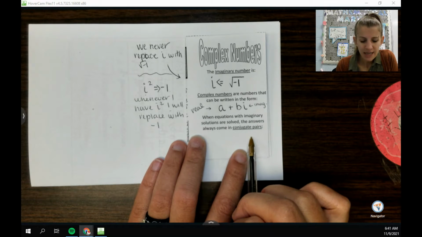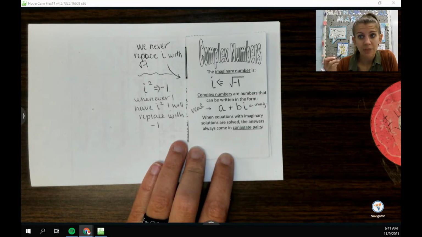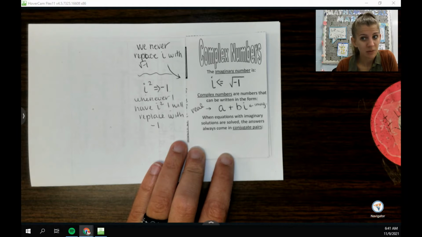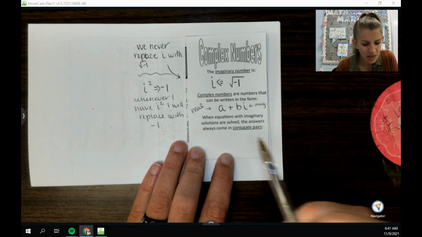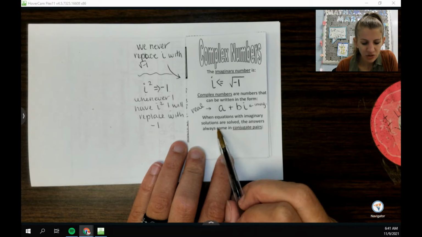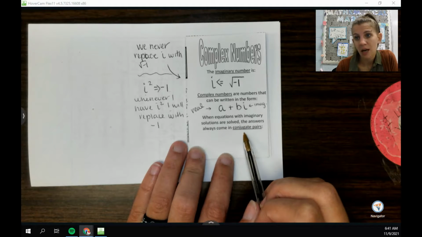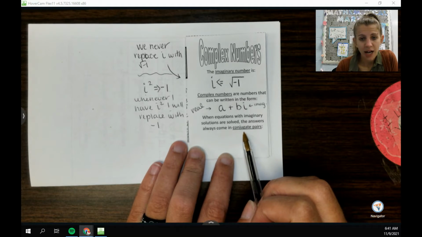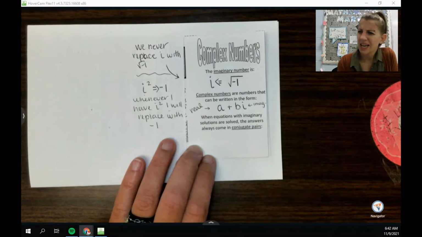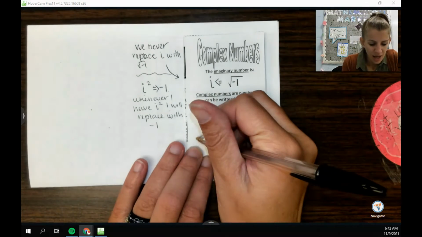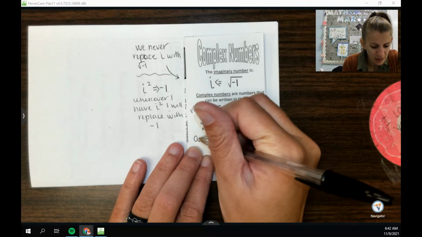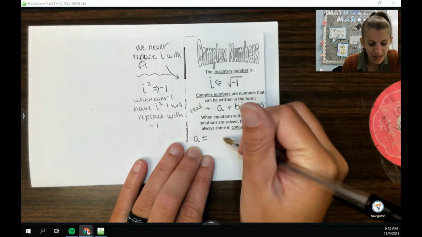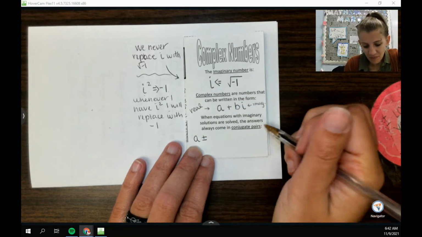And then we're going to see this in a second here when we start solving. Again, the purpose for imaginary numbers for us is because when we're solving, we square root negative things. But when equations with imaginary solutions are solved, they always come in conjugate pairs. And what a conjugate pair is, kind of like an opposite. But you've seen lots of conjugate pairs because we always have a plus or minus the square root of a thing.